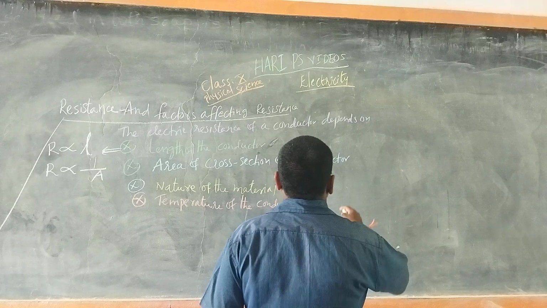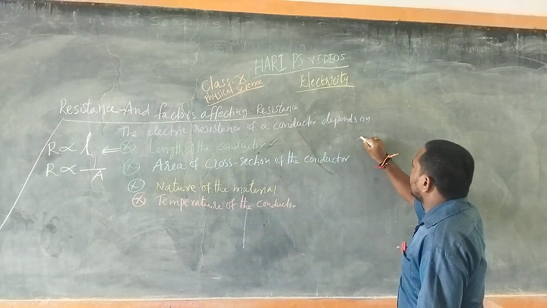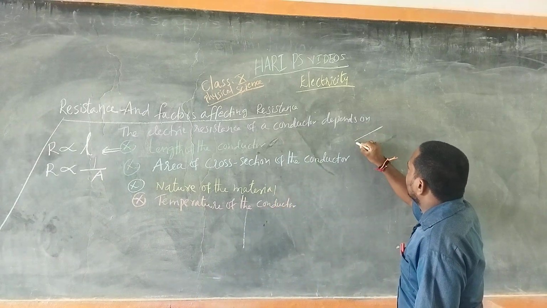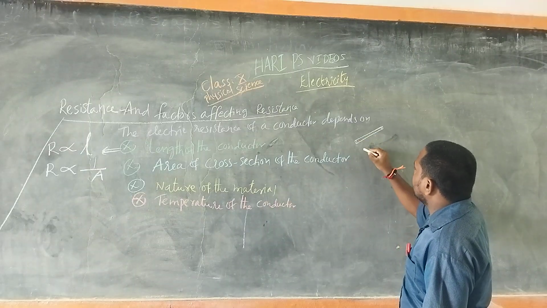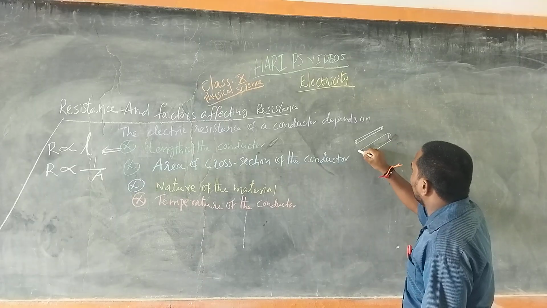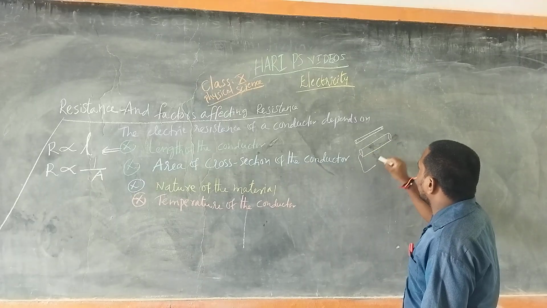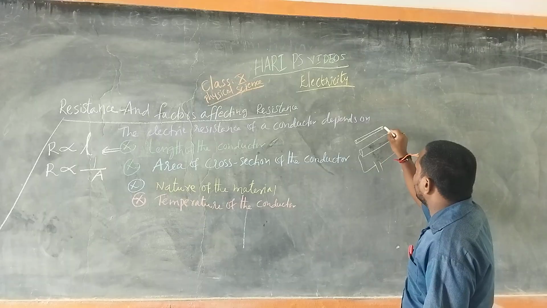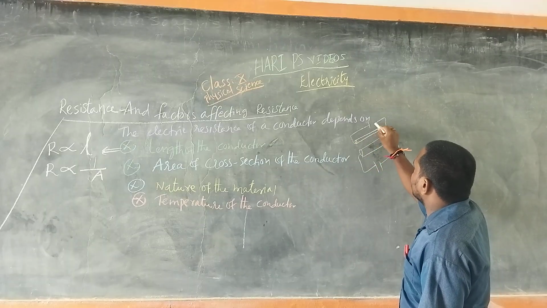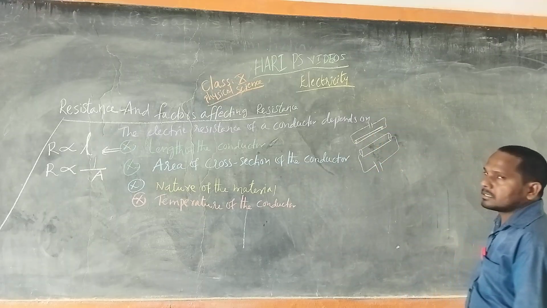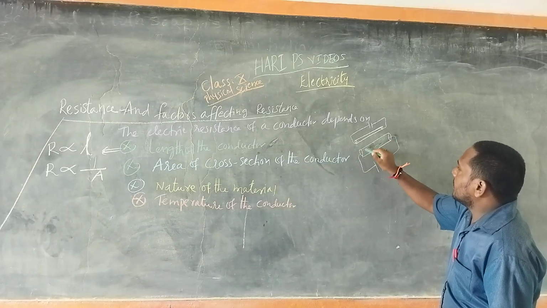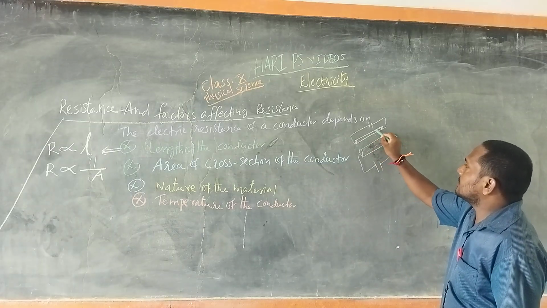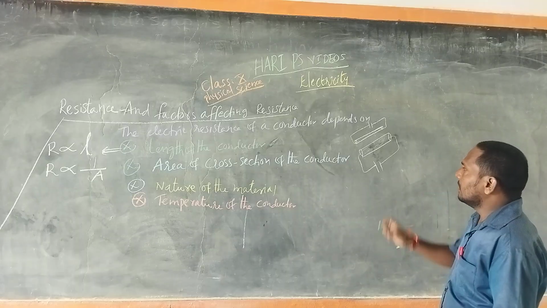So for example, say this is an electric wire and this is also an electric wire. Both are connected in a circuit like this. This one has more cross section area, and this one has less cross section area.